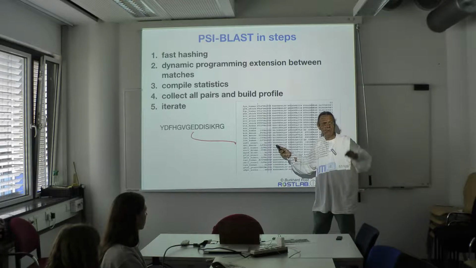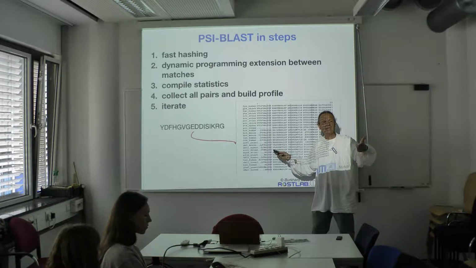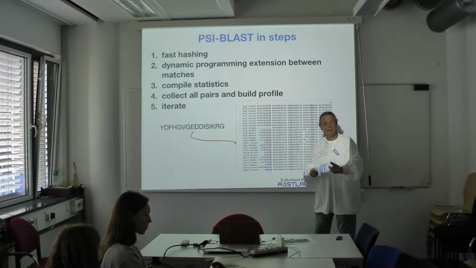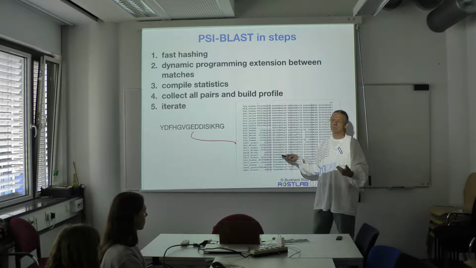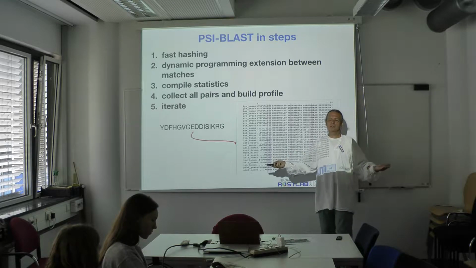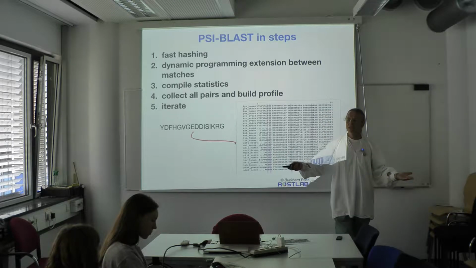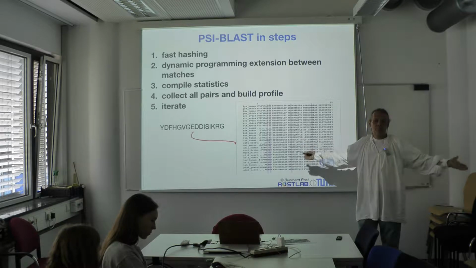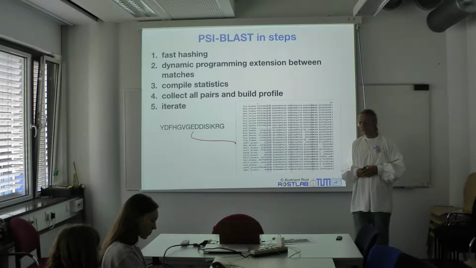Again, simply by counting at every single position. So I add more valines, I add more E's in there, the profile is going to change. In my second iteration, I'm running against the changed profile. And I keep going. What's the termination condition? When the profile stops changing. That is what we have always said.